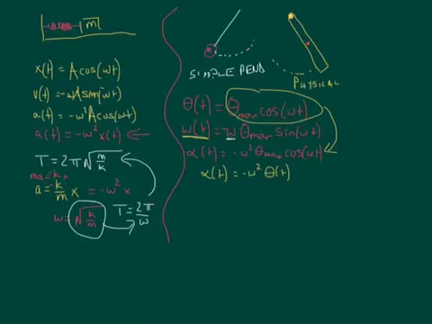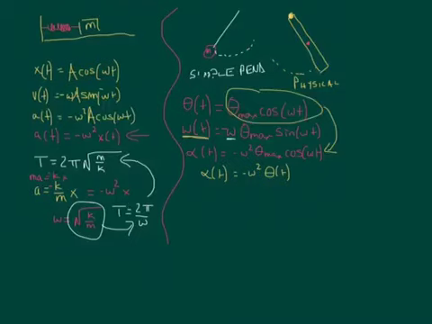Let's take a closer look at why the pendulum works and why we can consider this simple harmonic motion. Our reason for the spring being simple harmonic motion is that it has a restoring force, namely Hooke's law, F equals kx. For the pendulum, if we draw it out, we see that the pendulum has a restoring force provided by the force of gravity.